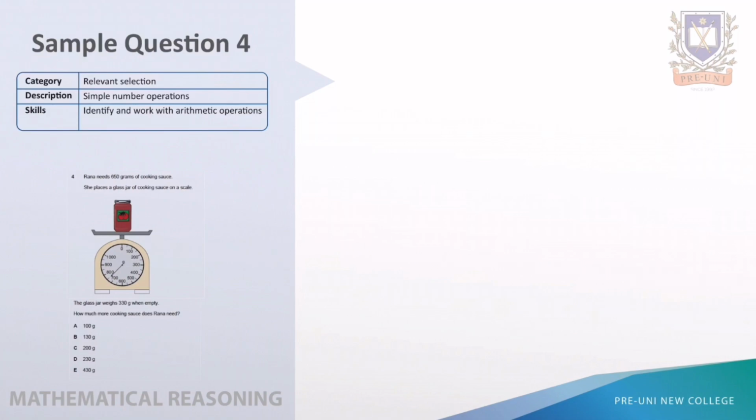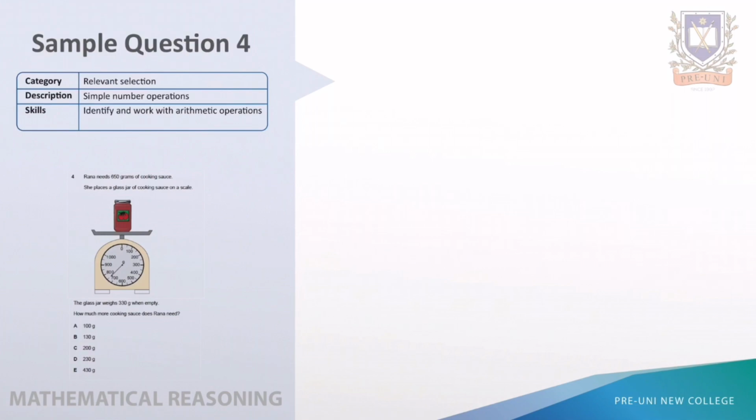So this question is a very straightforward mathematical question that students have seen before. Diagrams like this have been used quite frequently, even in current STTC from Pre-Uni. So this type of question is not completely new to students. The first thing we can do is identify the weight that is shown in the diagram.